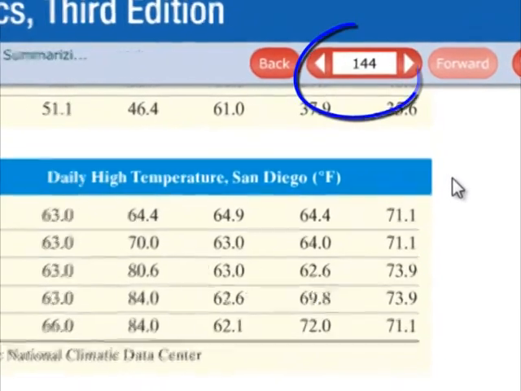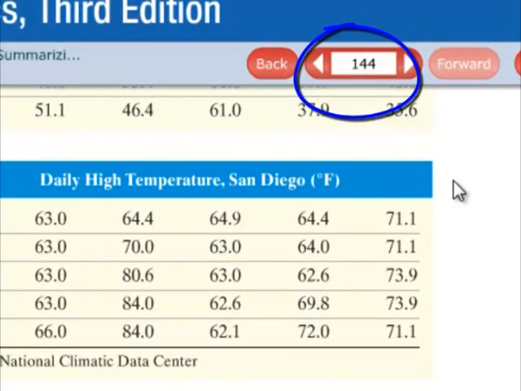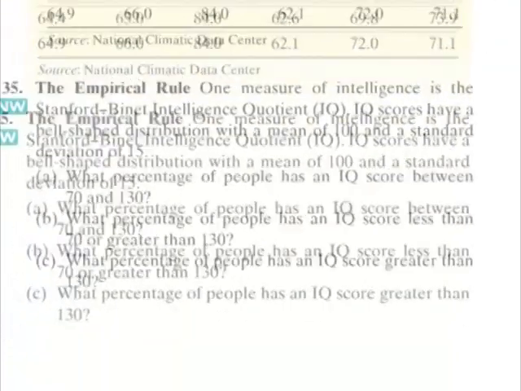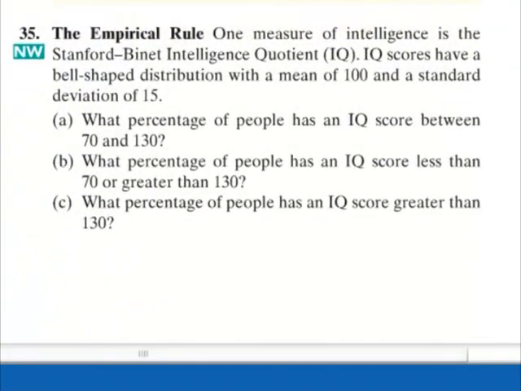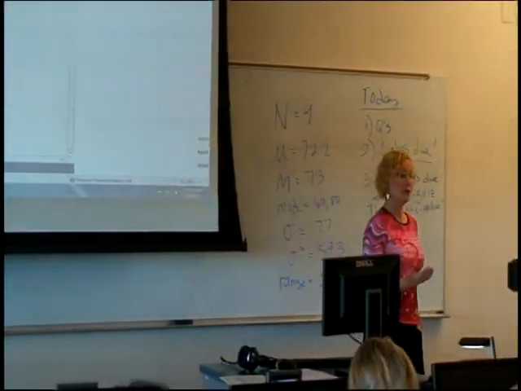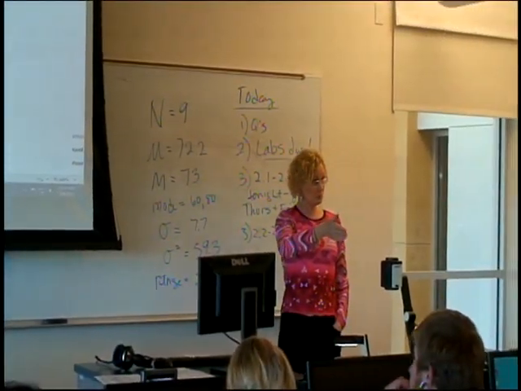Okay, so here's a problem on page 144 about the empirical rule. It says one measure of intelligence is the IQ test. Okay? IQ scores, among many, many other things, have a bell-shaped or symmetric distribution with a mean of 100 and a standard deviation of 15. So if you've got an IQ of 100, you've got an average intelligence.